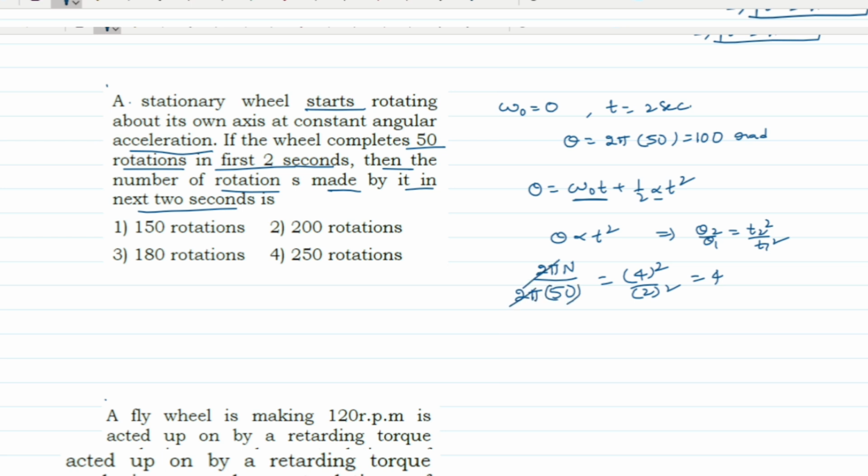So 2 pi gets cancelled. Here n by 50 will be equal to 4, then n value will be nearly 200 rotations we are getting. And it's 200 rotations.